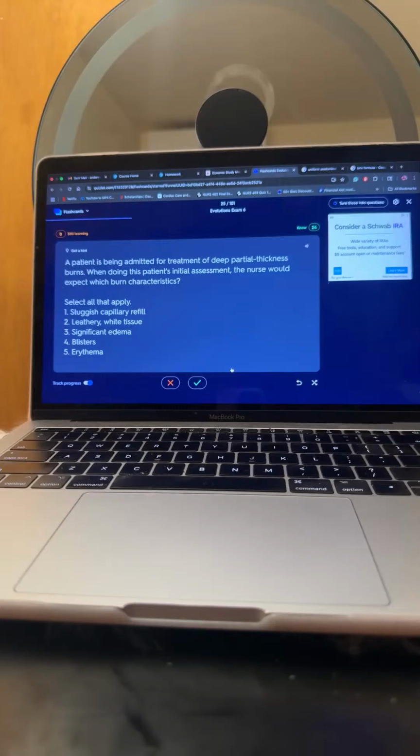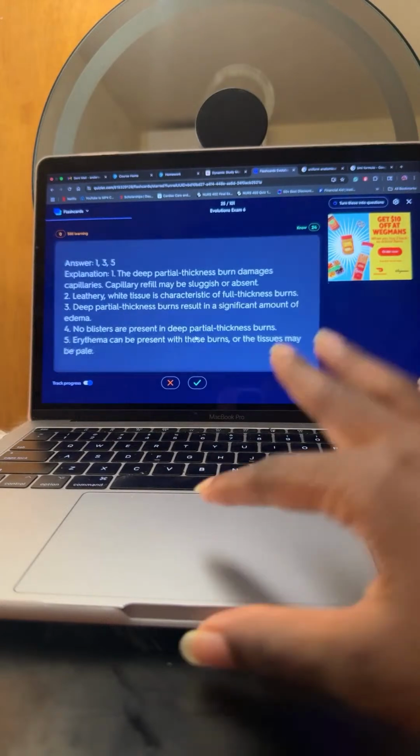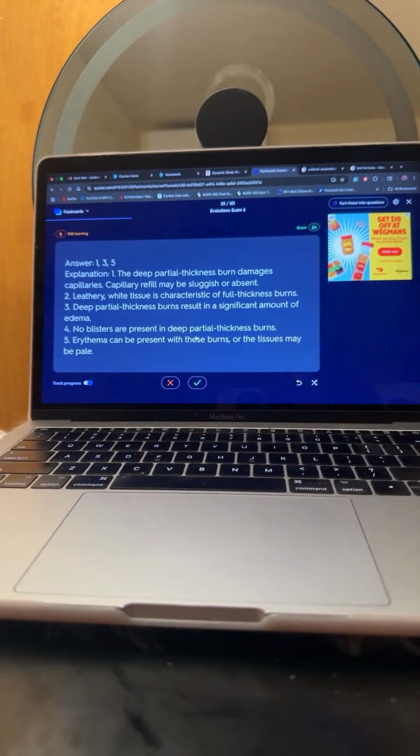A leathery white tissue or erythema. I want to say sluggish cap refill, edema, and redness. The four, like erythema. Let's see. 1, 3, and 5. Yes. Oh my gosh, I was so guessing on this one. So the leathery white skin is a full thickness. Okay. Because I was like, maybe. I'm not sure.